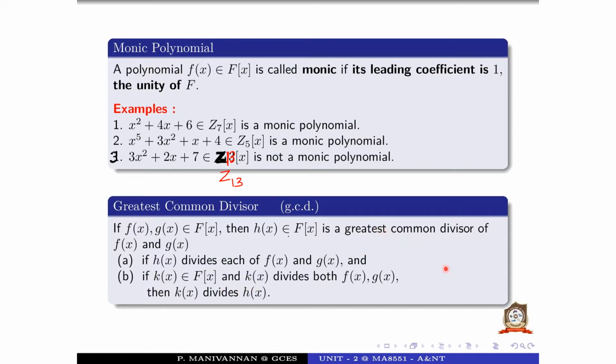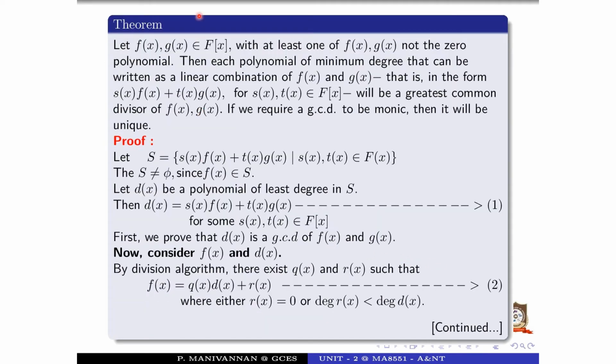Two-mark questions: define GCD of polynomials. Then the theorem: let f(x), g(x) belong to F[x], with at least one of f(x) and g(x) not the zero polynomial.